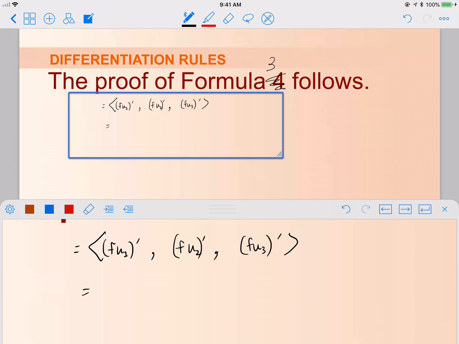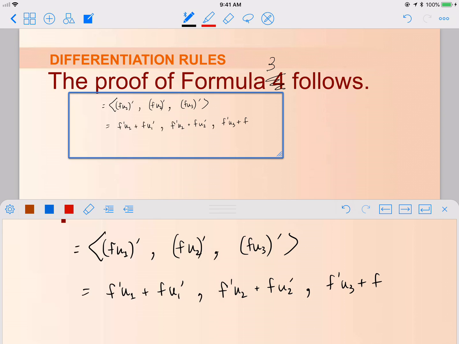Now, the derivative of f u1 is just our regular product rule from calculus 1. So that'll be f' u1 plus f u1'. And the same for the second component, f' u2 plus f u2'. And the third component, f' u3 plus f u3'.